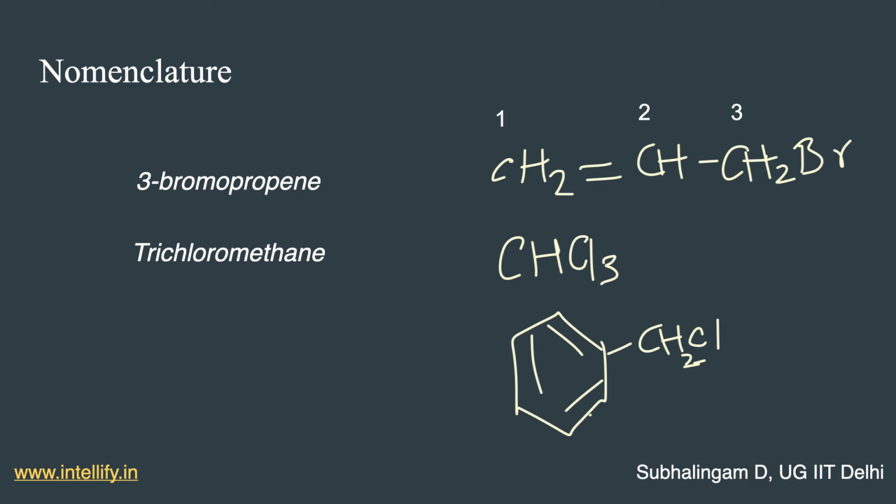So let's look at the numbering, that is trivial one, and we name it as chlorophenyl methane, or you can also say it as 1-chloro-1-phenyl methane, but the 1 is not required because there is no confusion even if you drop the 1.